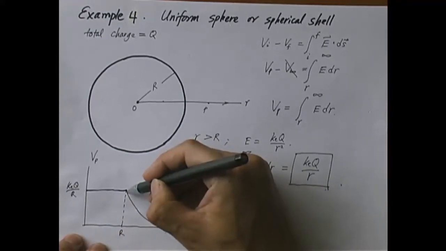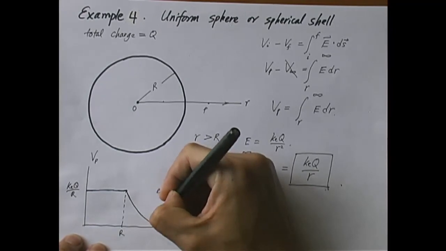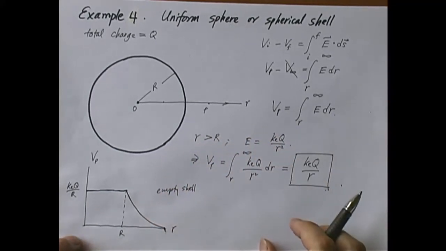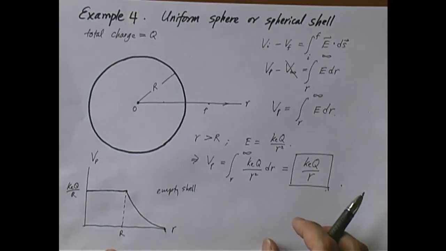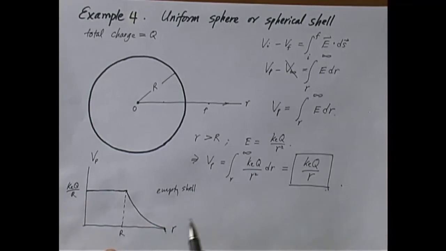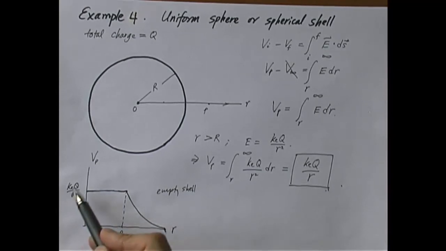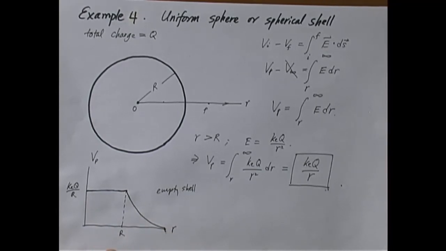Just a flat line, and then it goes like one over R outside. This is how you calculate the electrostatic potential distribution of a uniform spherical shell. Okay, so it goes up like this until KQ over R, and then it stays the same constant all the way to the center. So what's the electrostatic potential at the center? It's just KQ over big R. That is the case for a uniformly charged spherical shell.